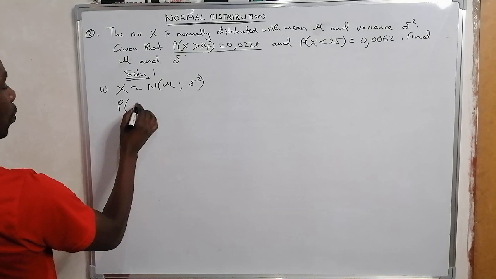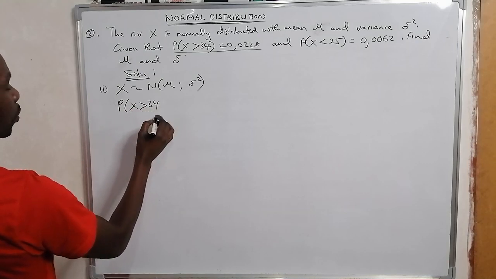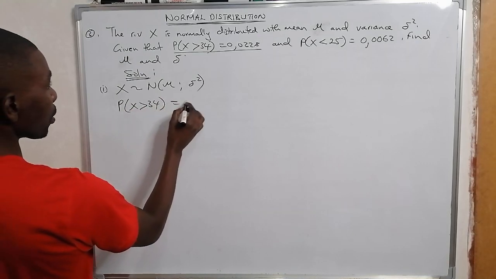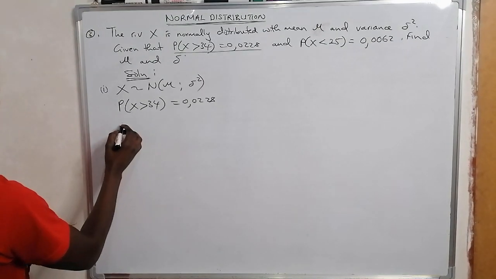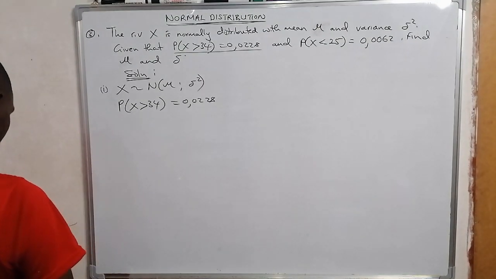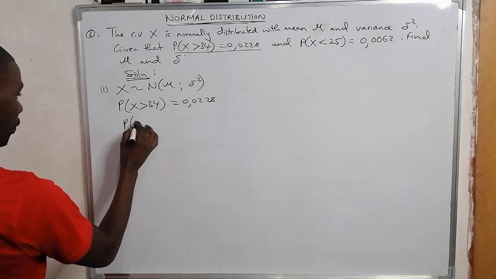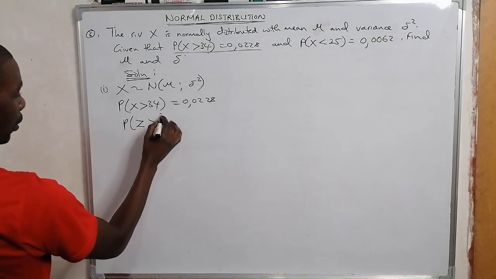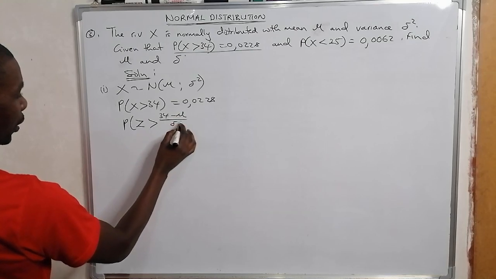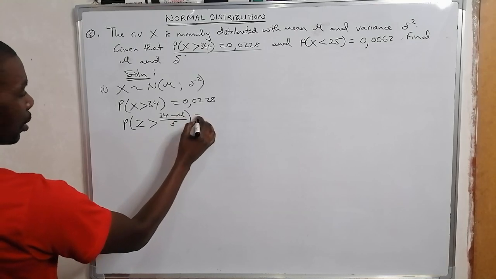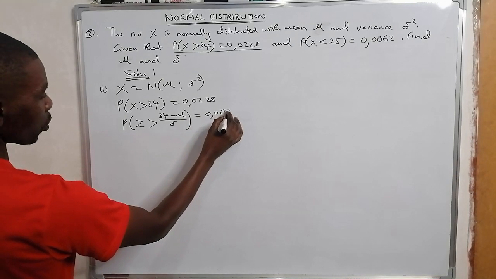Therefore, for P of x is greater than 34 equals 0.0228, this can be standardized using P of z is greater than 34 minus mu all over standard deviation. We do not have the standard deviation again, equals 0.0228.